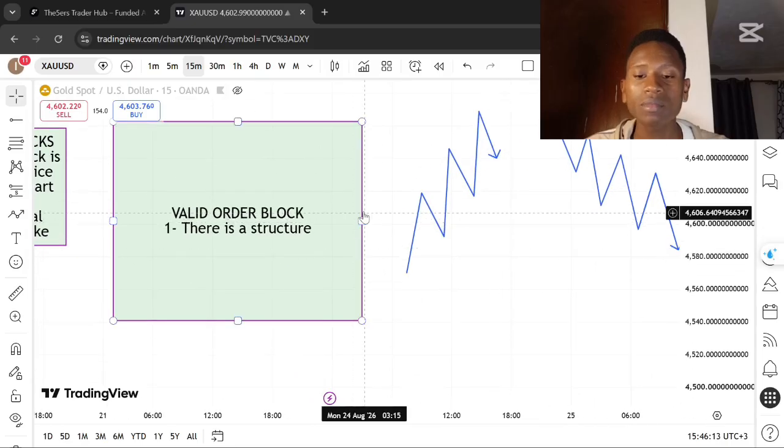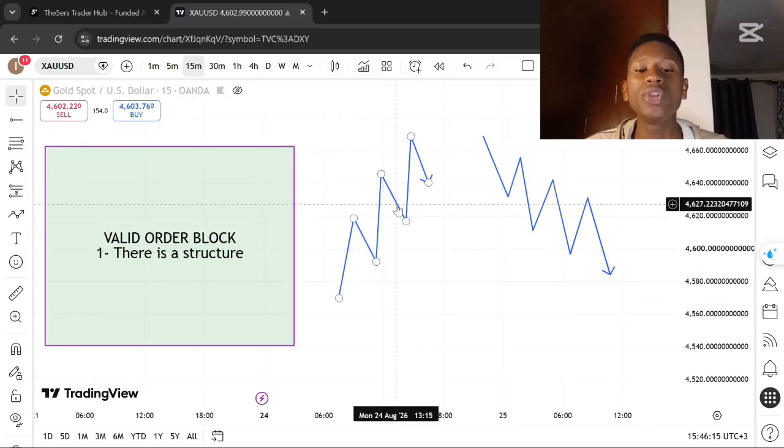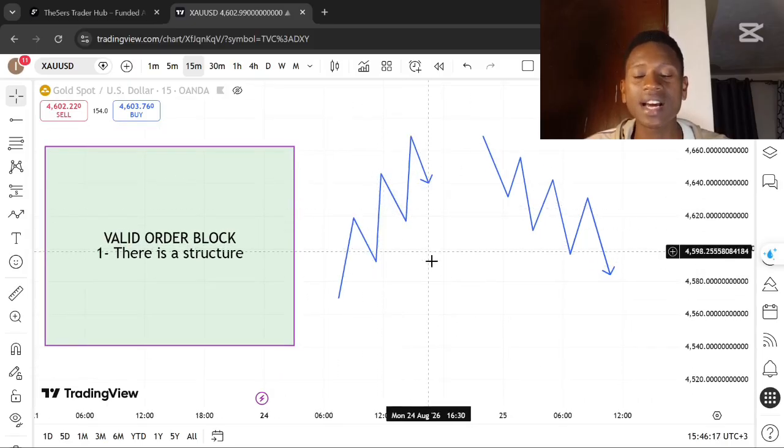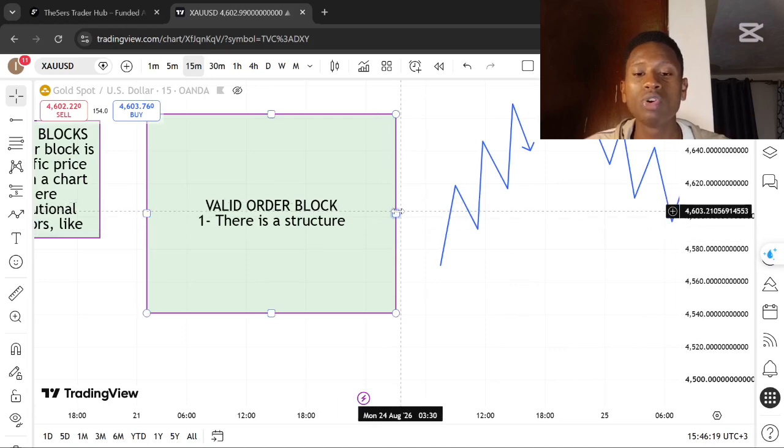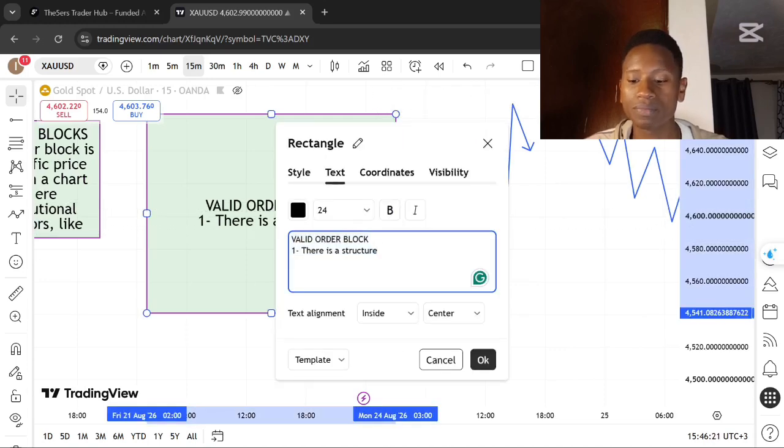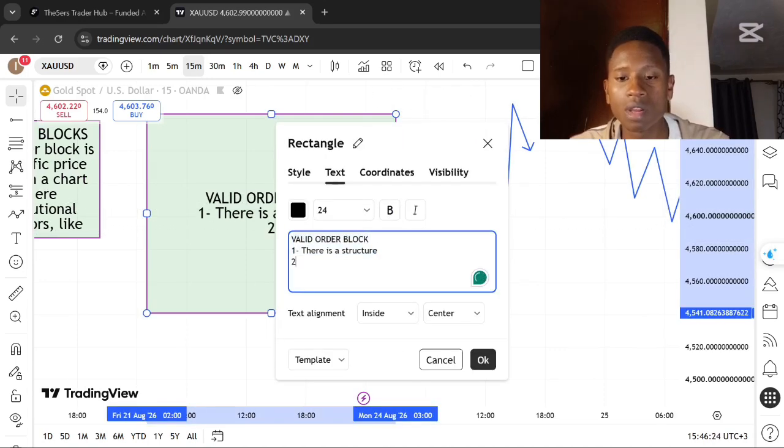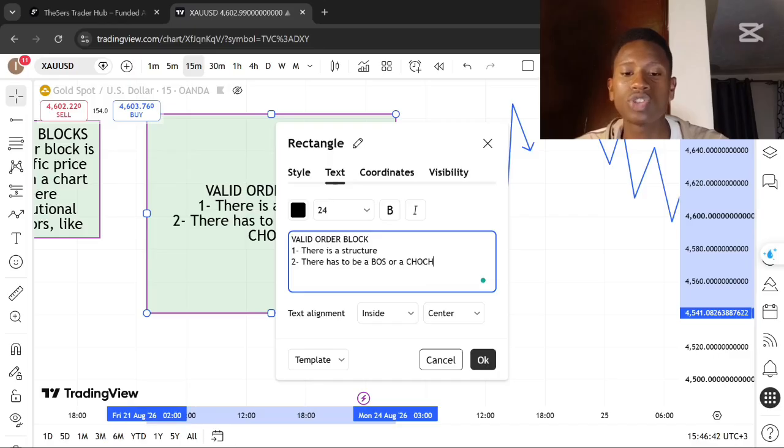After you discover that the market has a structure, you go to the next confluence, the second confluence: there has to be a break of structure, or a CHoCH.